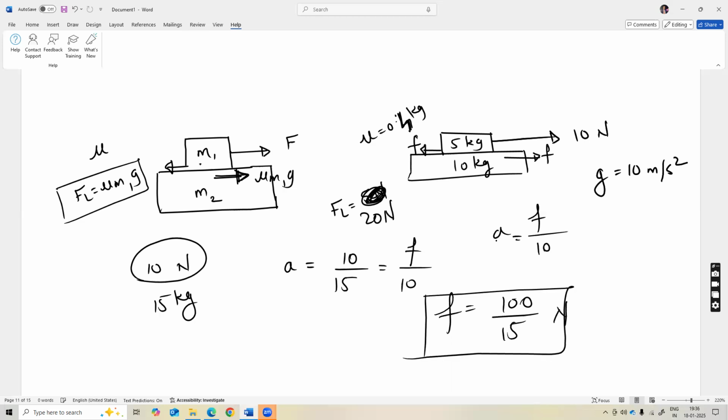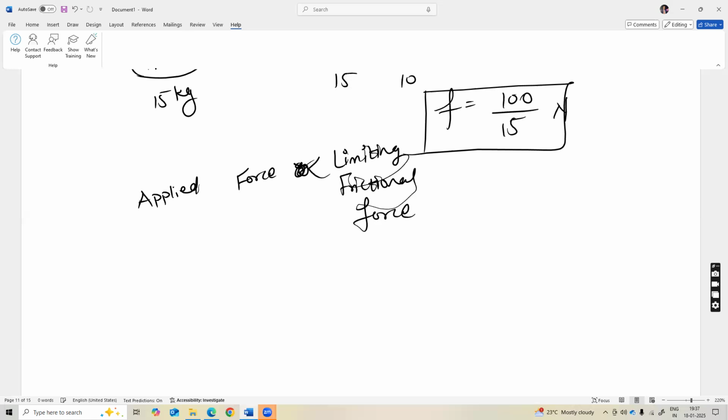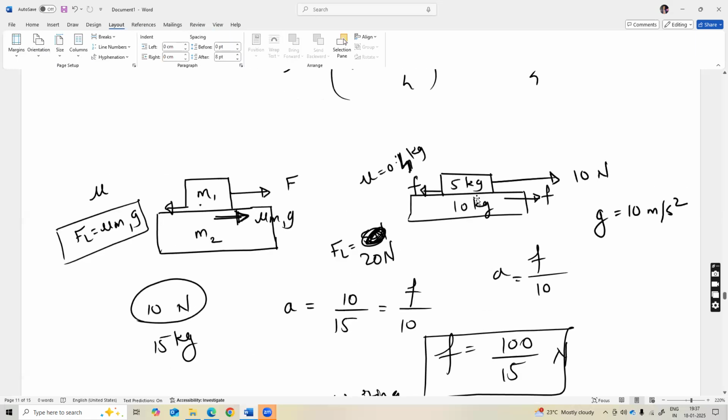So in this first case, when the applied force is less than the limiting frictional force, both the 5 kg block and the 10 kg block will move with each other, and it means the frictional force F is not equal to the applied force in this case.